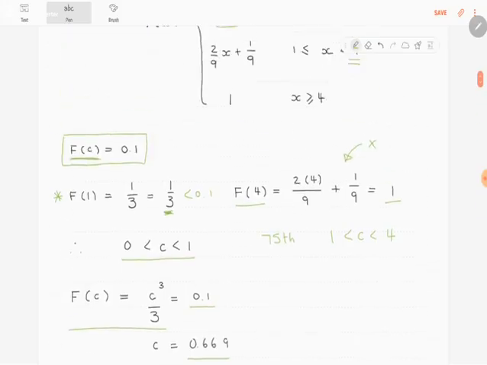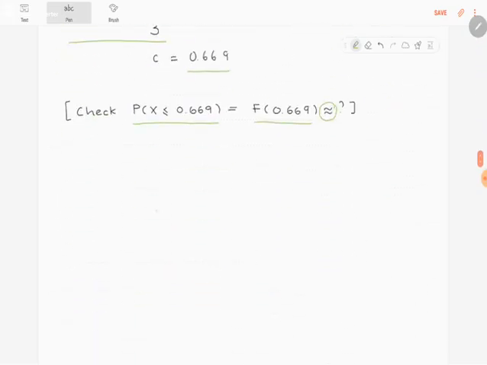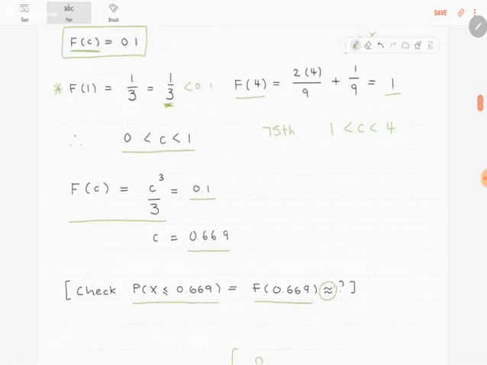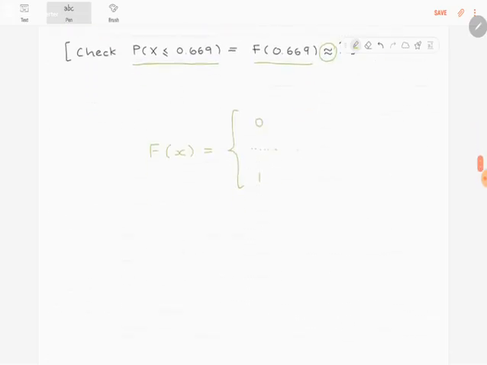So this is how you'll do it if you have multiple different pieces. If I had given you an equation that only had one function, so in other words F(x) where you just had 0, 1, and then some function in there, then you don't have to do the check we did in this step, because obviously it's going to be in this region.